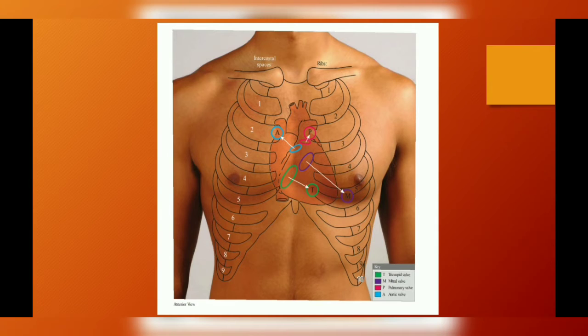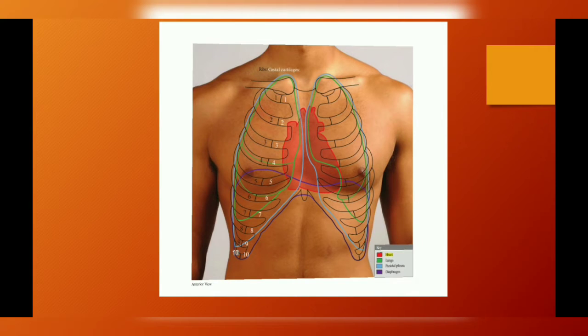APTM, that is aortic orifice. This is the aortic orifice. This is the pulmonary orifice. This is the tricuspid orifice, and this is the mitral orifice.